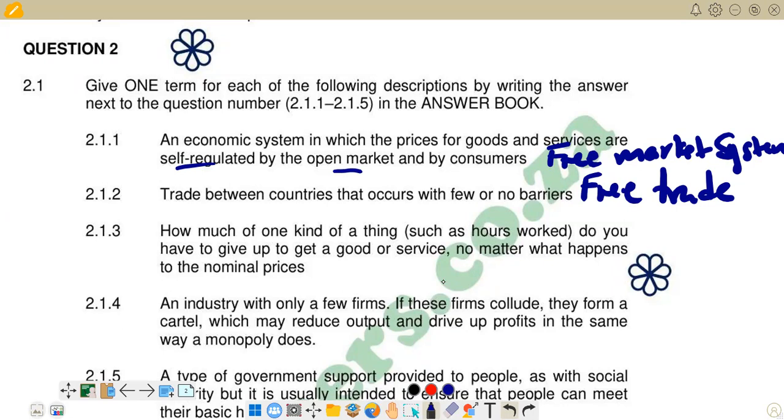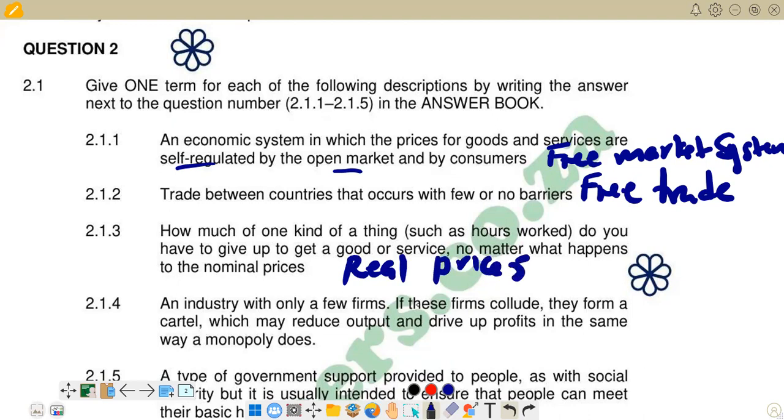Nominal prices have no adjustment for inflation and do not reflect the real prices. The last part of the explanation says no matter what happens to the nominal prices, which means this is not nominal pricing. So the term we put there is real prices.